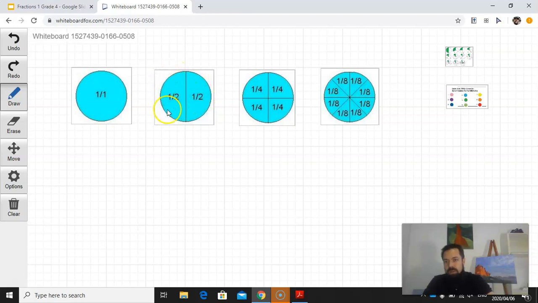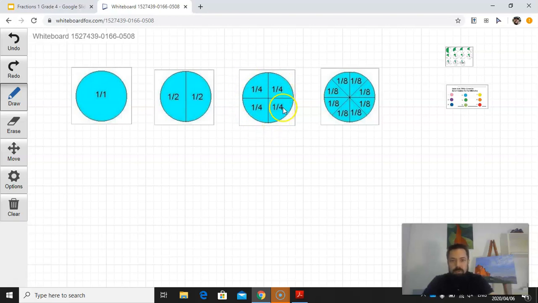There are 2 pieces in the whole, and this side on the left is one of those 2 pieces, and this side on the right is one of those 2 pieces. All right, so together there are 1 and 1. There are 2 pieces that make this up, so 2 halves. Over here you can see it's only 1 piece, and there's 1 of them. That makes sense.